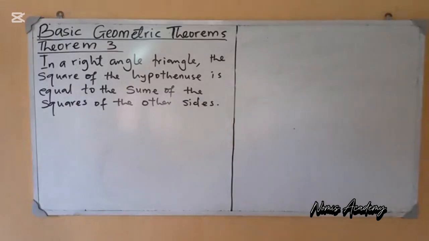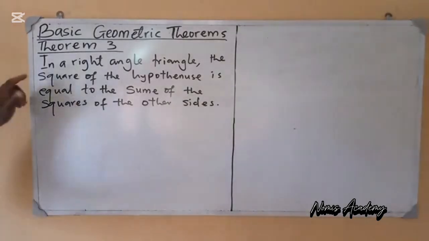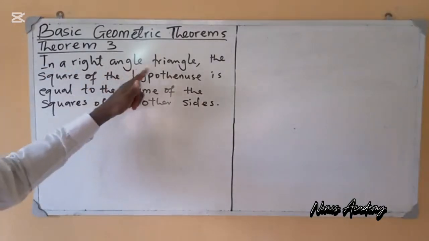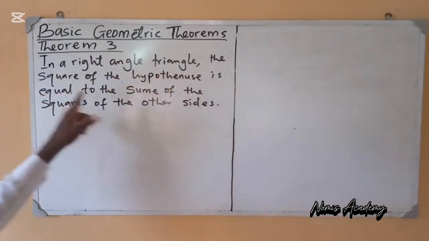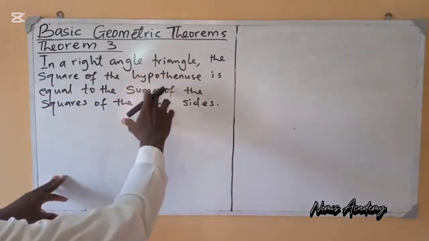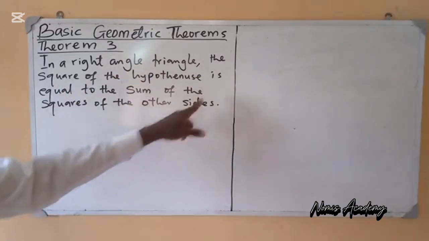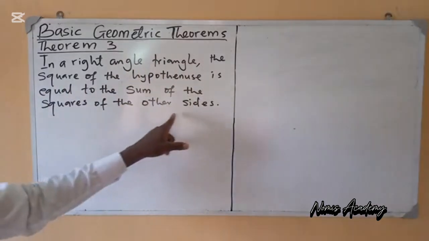Okay, so this is Theorem 3. It states that in a right angle triangle, the square of the hypotenuse is equal to the sum of the squares of the other sides.